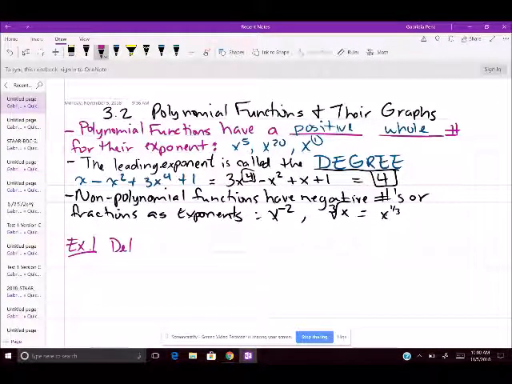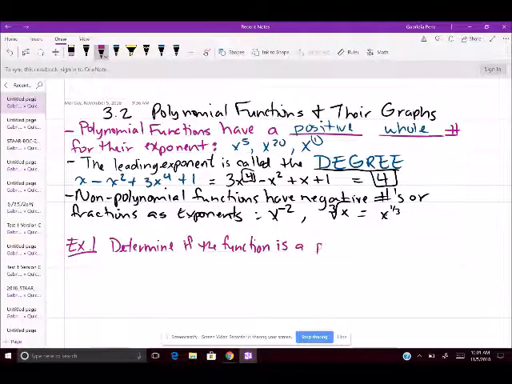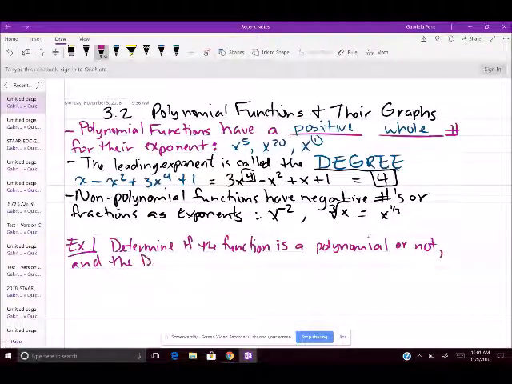So in example 1, example 1 is going to help you answer number 1 and 2 of your worksheet. It's determine if the function is a polynomial or not, and the degree.